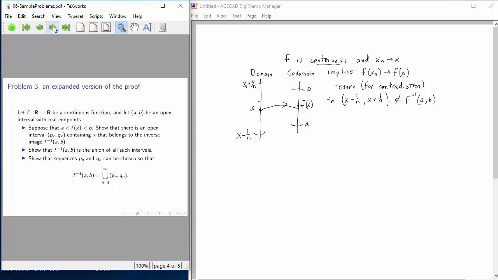That it always has points in it that lie outside that interval. Okay, if it always has points that lie outside that interval, what I'm going to do for each value of n is I'm going to choose an x sub n in the interval. It's a representative x sub n.